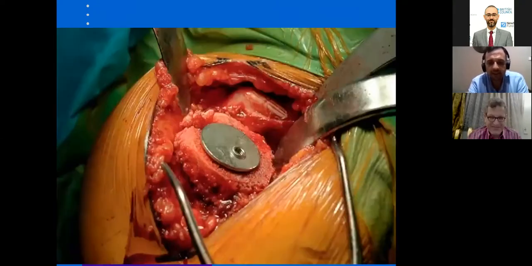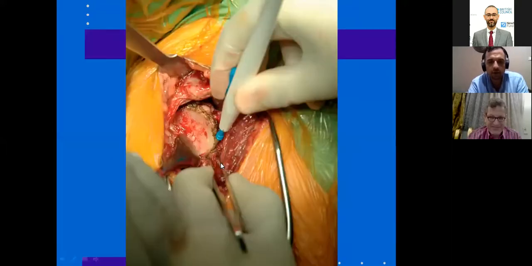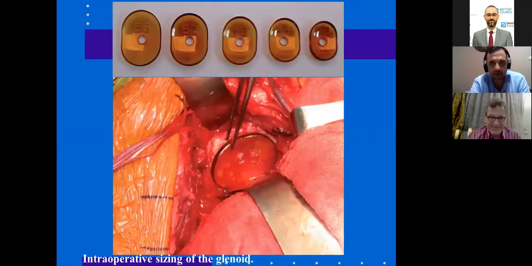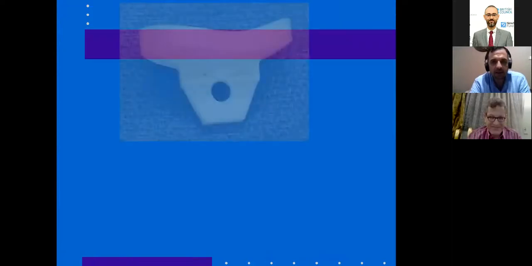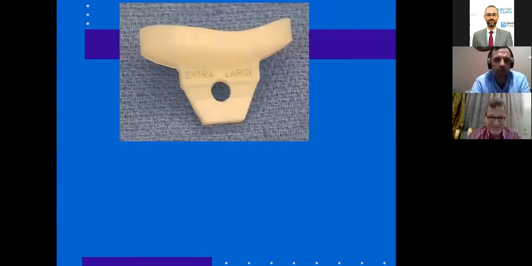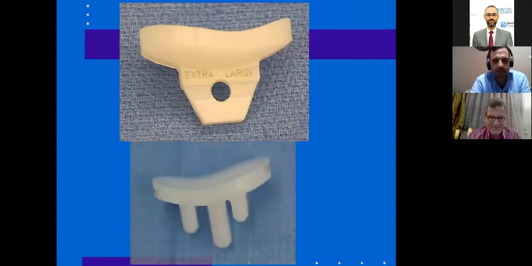Now we get a template or trial for the humeral component, and now we shift to the glenoid component after insertion of the Fukuda retractor. This is the identification of the glenoid and resecting the labrum, and then templating the size of the glenoid, then reaming, and then you can choose whether to insert a keel prosthesis or a peg prosthesis.